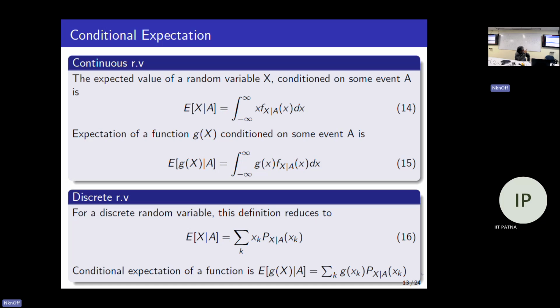So expectation of x given A will be equal to summation over xk of xk times probability of x given A at the point xk. Is it making sense up to this slide, right? It's very simple, basic, but we feel that it will be good if we brush up the basics to start with.